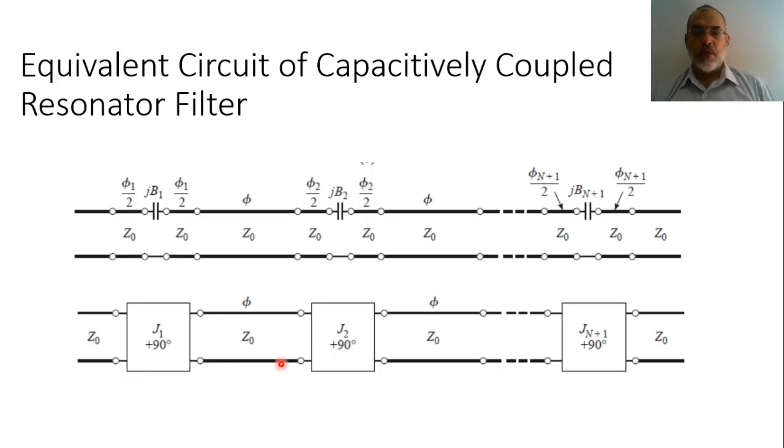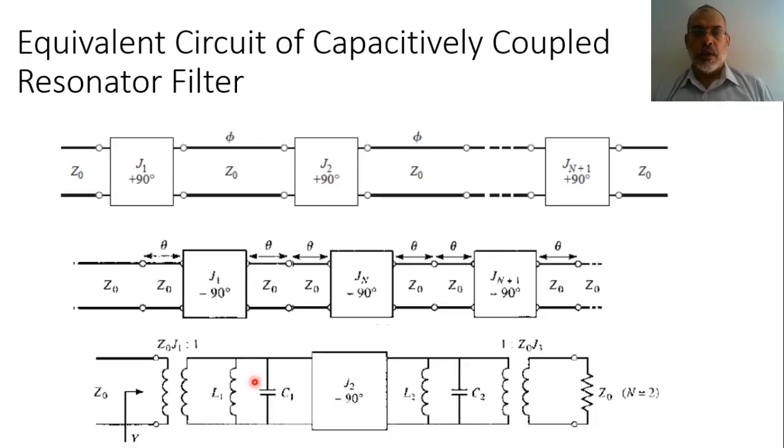Effectively, this configuration has been studied before in the case of a coupled line filter. In the coupled line filter, we have the equivalent circuit as an admittance inverter J1 connected with a transmission line section of electrical length lambda over 8, or phase equal pi over 2, and this is connected by another transmission line with a phase pi over 2.